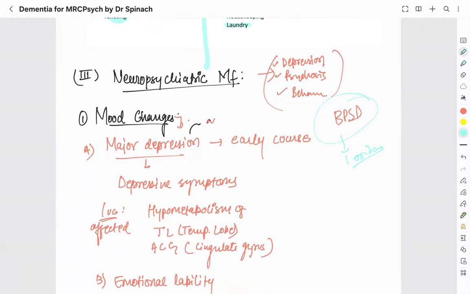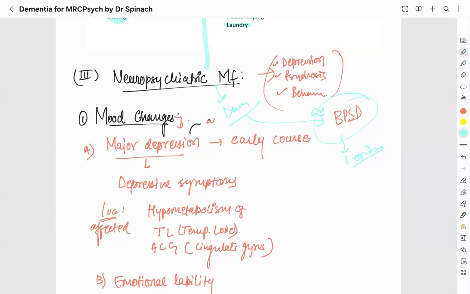So when we talk about neuropsychiatric manifestations of dementia, is this actually BPSD, isn't it? Like, I'm asking you. No, neuropsychiatric aspects include everything, like the psychiatric parts associated with the neurological illness, what we are calling dementia.